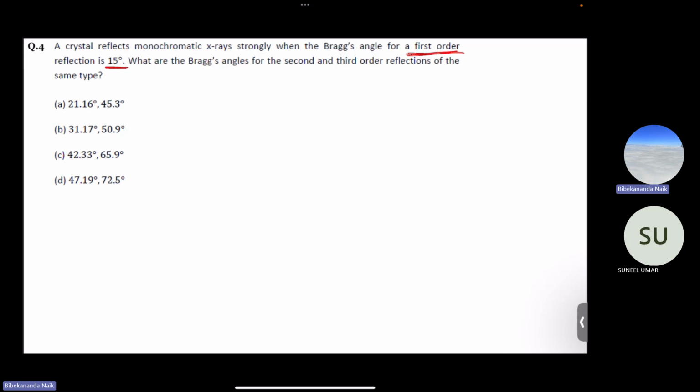We don't know the wavelength of the X-ray used.